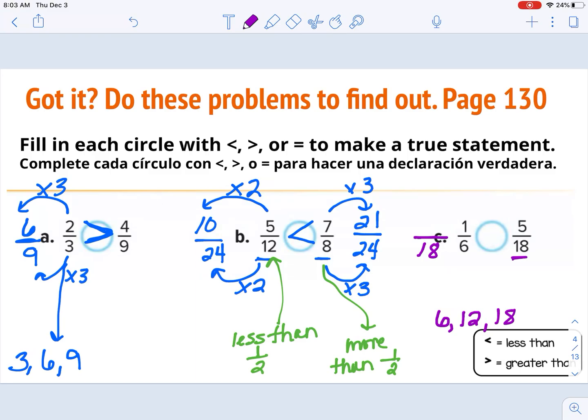Well, I counted 1, 2, 3 6s. So that's going to be a times 3. And I need to do the same thing to the top. 1 times 3 is 3. Okay, now I have 3 over 18 and I have 5 over 18. And 5 is bigger than 3. So the 5/18 is greater than the 3/18.